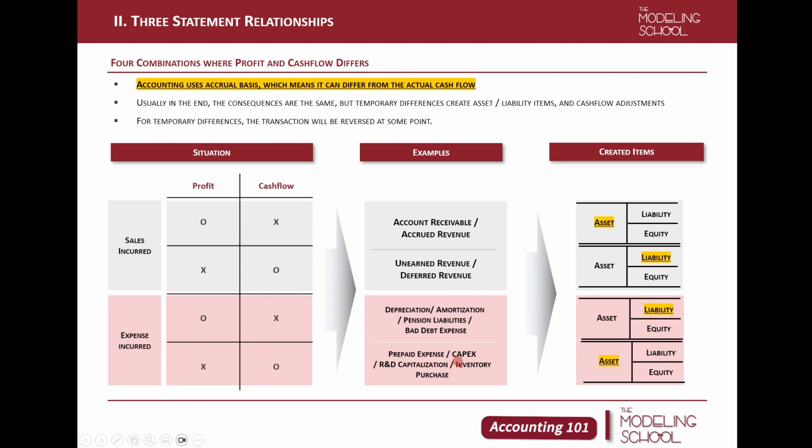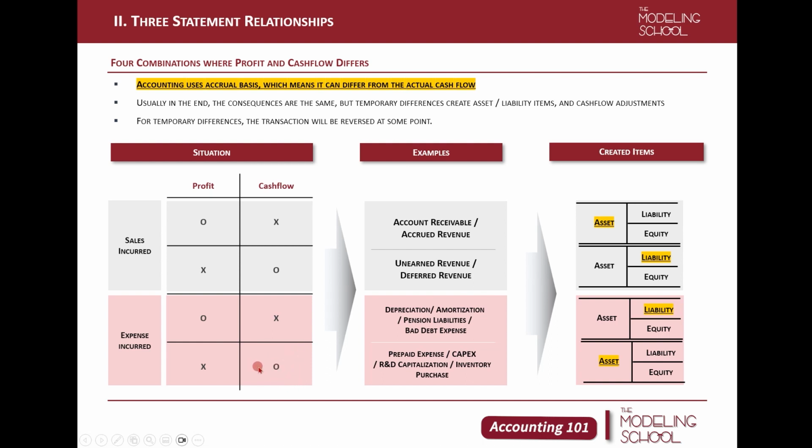Lastly, things like prepaid expenses, capital expenditures, R&D capitalization, or inventory purchases. If we built a big factory, let's say Tesla has built a big gigafactory in China, a huge outflow of cash obviously has occurred.